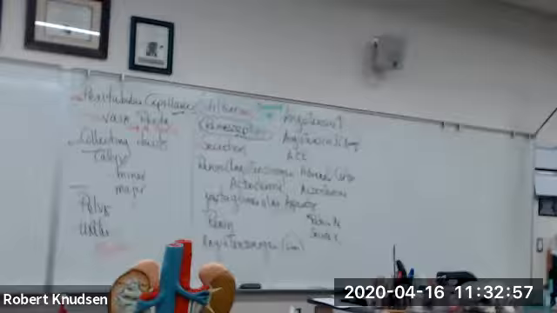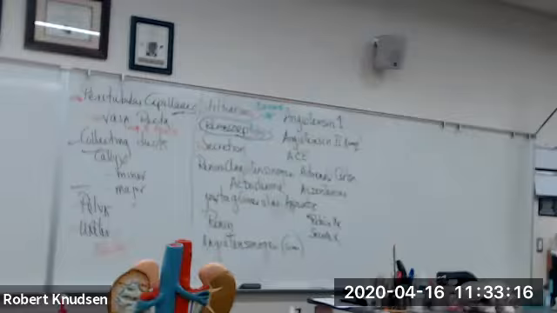Okay, now we're up to 85%. Yeah, and it works its way up the ascending loop. It picks up the most of the rest, and the rest of the reabsorption is going to be done in the peritubular capillaries.